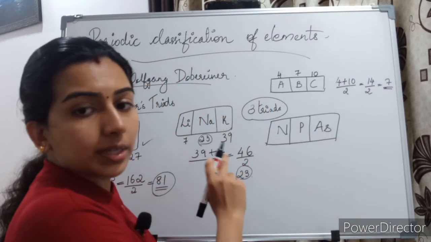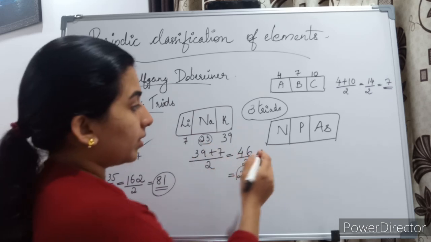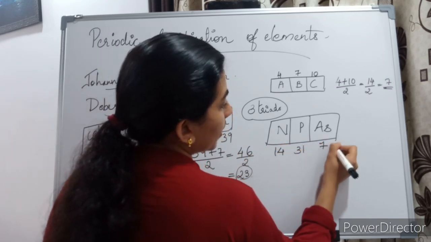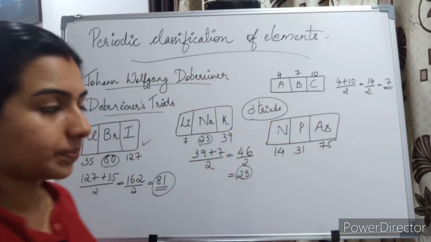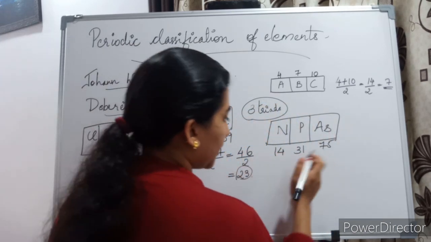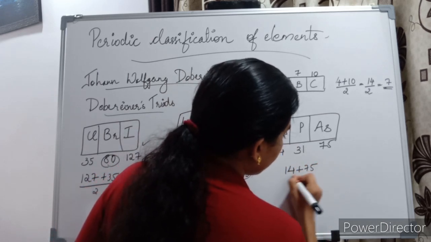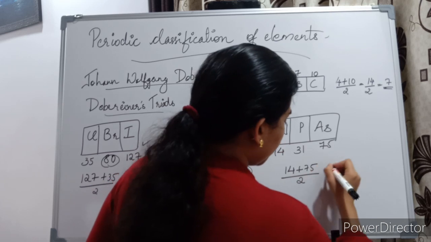So these are three elements which are arranged in increasing mass number. Okay. Now check. 14 plus 75 by 2.